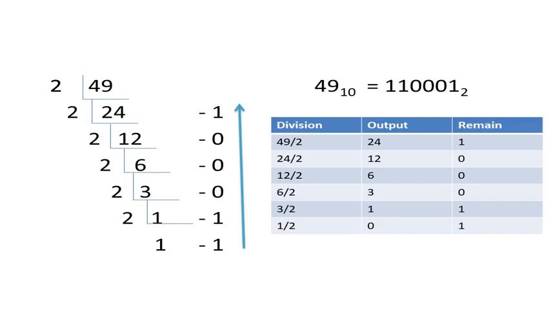After we divide 3 by 2, the answer is 1, remaining 1. After we divide 1 by 2, there will be nothing, and remaining 1. Reading from the end to the beginning, the answer is that 49 in decimal format is equal to 110001 in binary format.